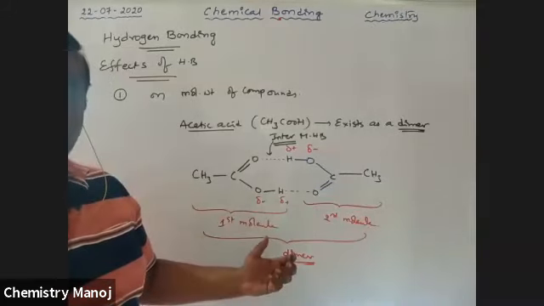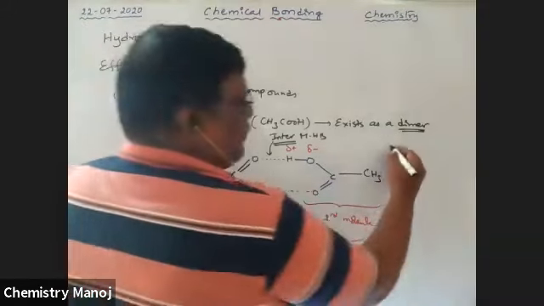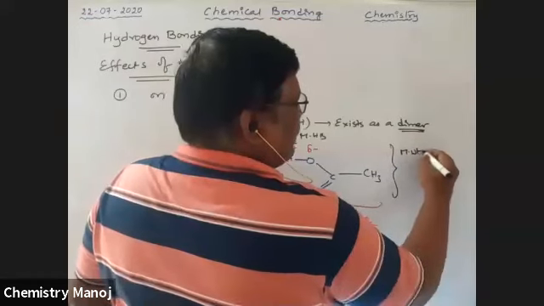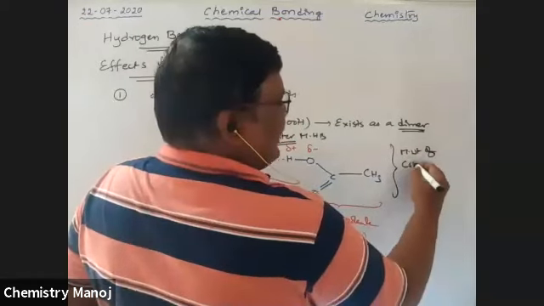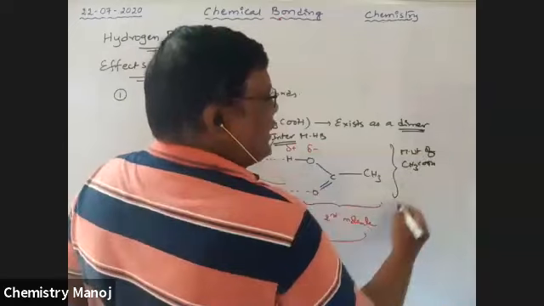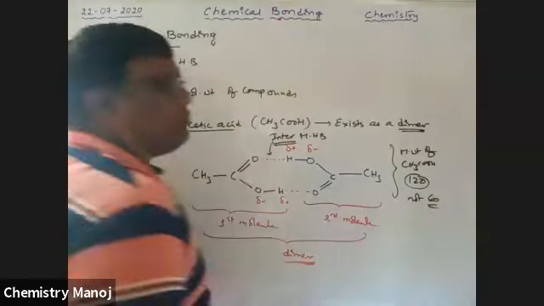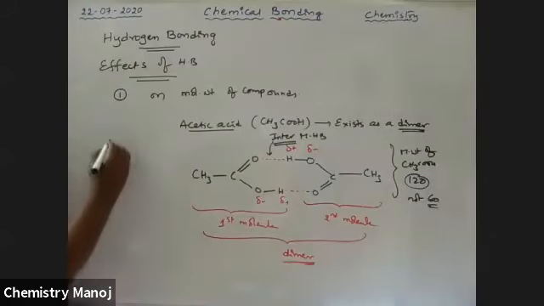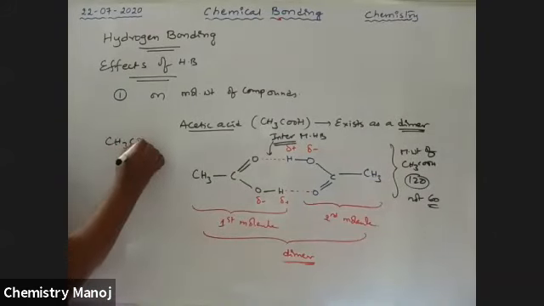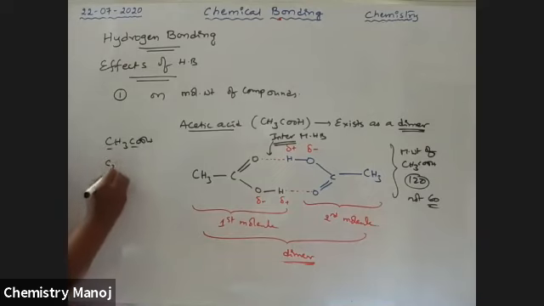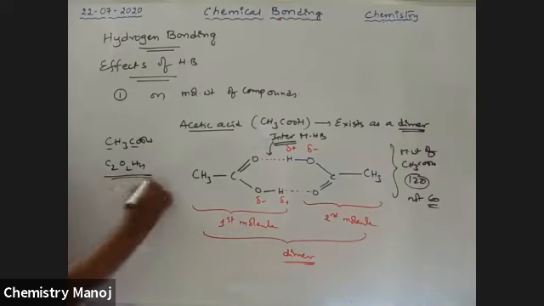Because of this, the molecular weight of acetic acid is 120, not 60. Generally, acetic acid has the formula CH3COOH, which is two carbons C2, two oxygens O2, and four hydrogens H4.